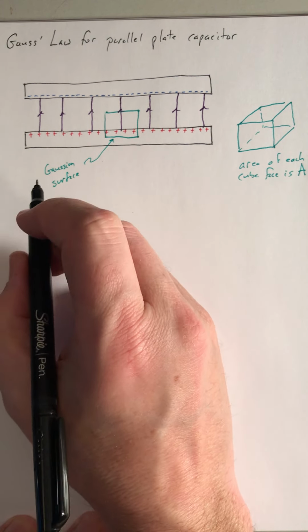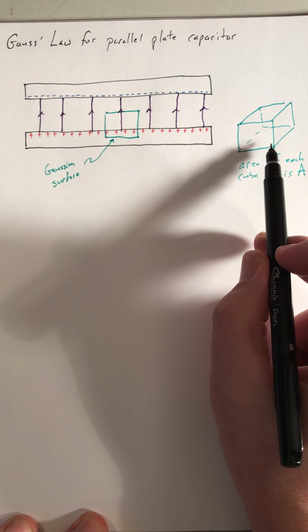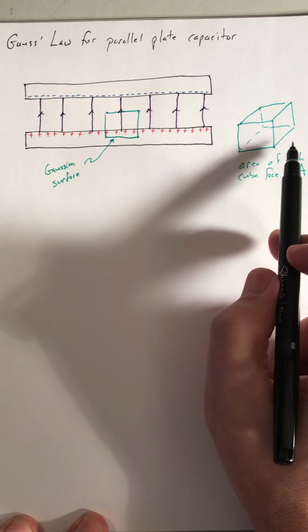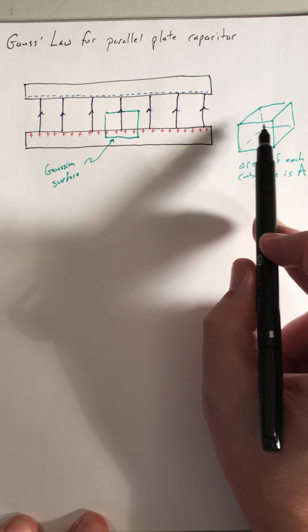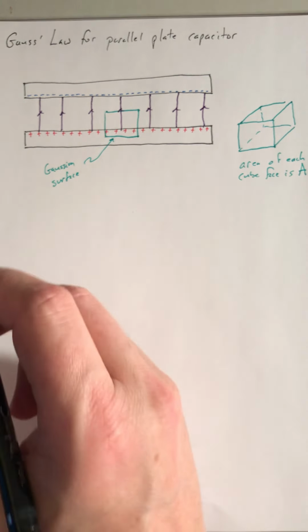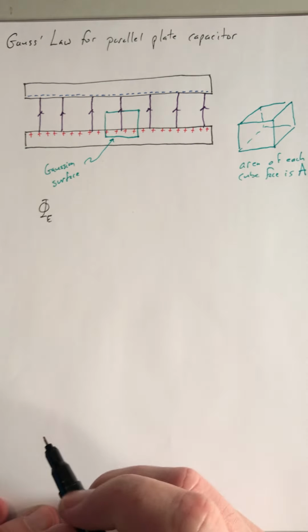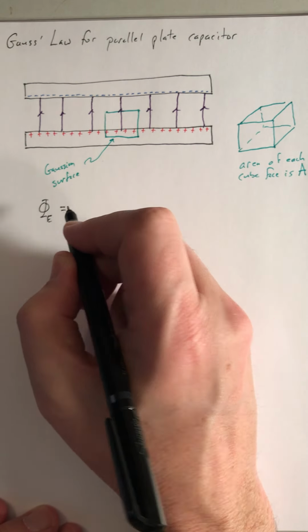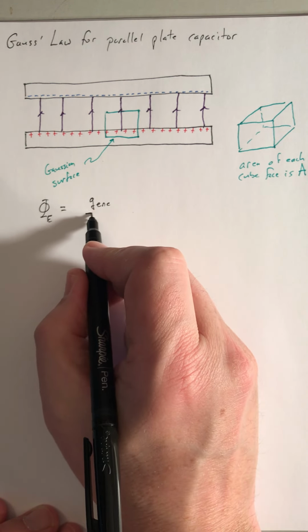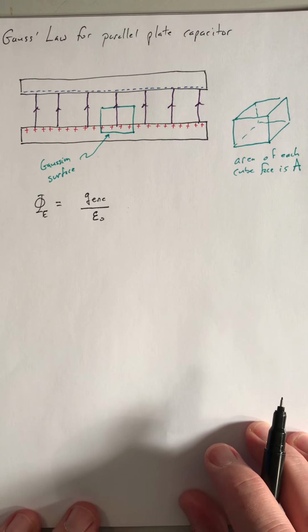It's going to simplify quite a bit, but I want you to remember that it's a closed surface you apply Gauss's law to, and for our surface that we pick to be a cube, we're going to have to think about all six faces. Alright, so in applying Gauss's law, the flux of the electric field through my Gaussian surface is going to be all of the charge enclosed inside the surface divided by the permittivity of free space.